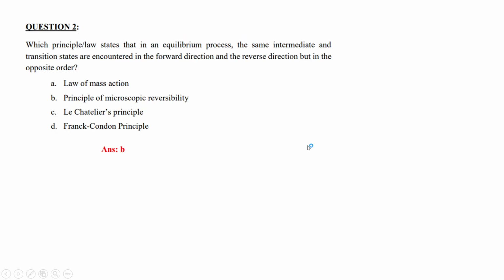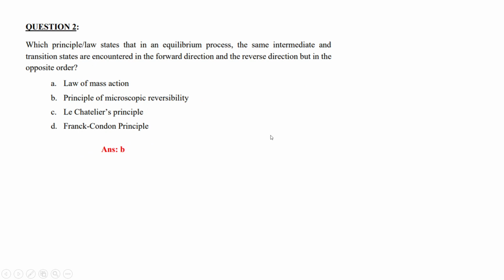Now coming to the next question. Here we ask which principle or law states that in an equilibrium process the intermediate and the transition state encountered in the forward direction are also encountered in the reverse direction, in the opposite order.